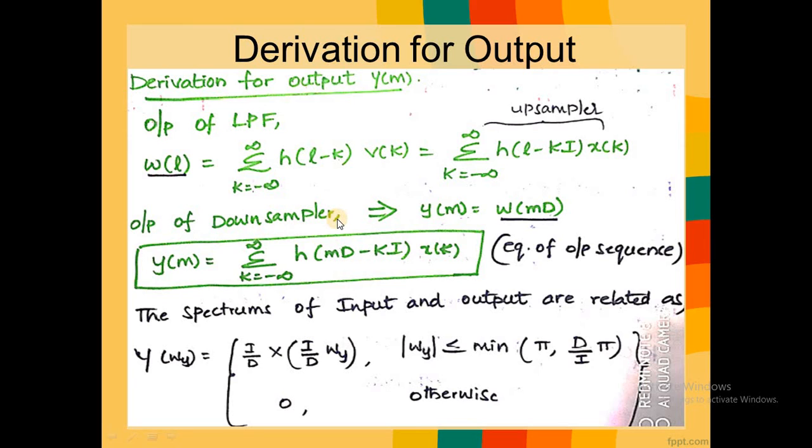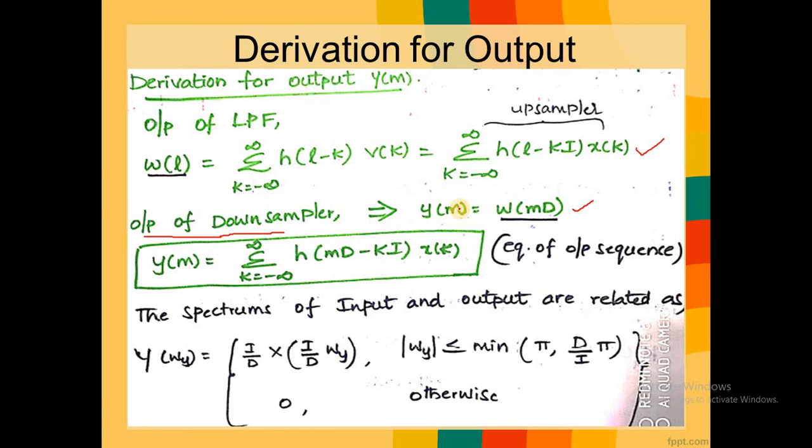Then the output of the downsampler is y of m equal to w of md. W of md is the output equation for the downsampler. We have the output equation for the upsampler, we have the output equation for the low pass filter, and this is the output equation for the downsampler.